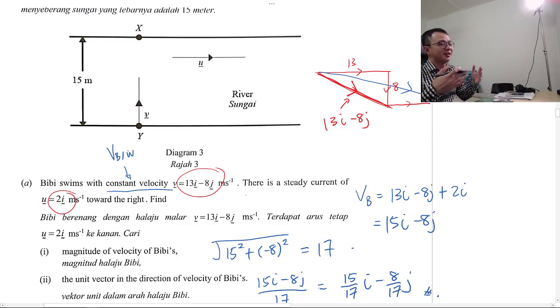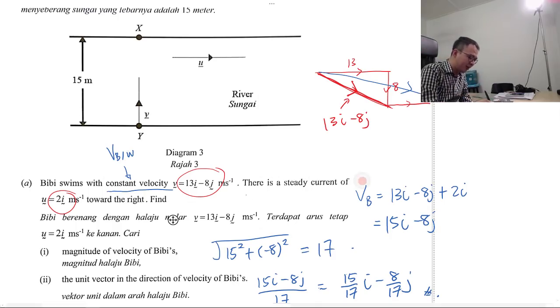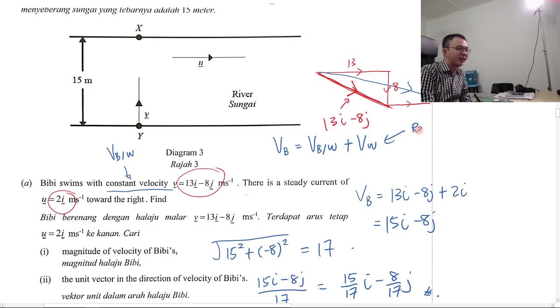This means this is the speed of PP in the water. So in order to get the velocity of PP, you need to use the velocity of PP relative to the water plus the velocity of the water. Okay, this is the formula for relative velocity.